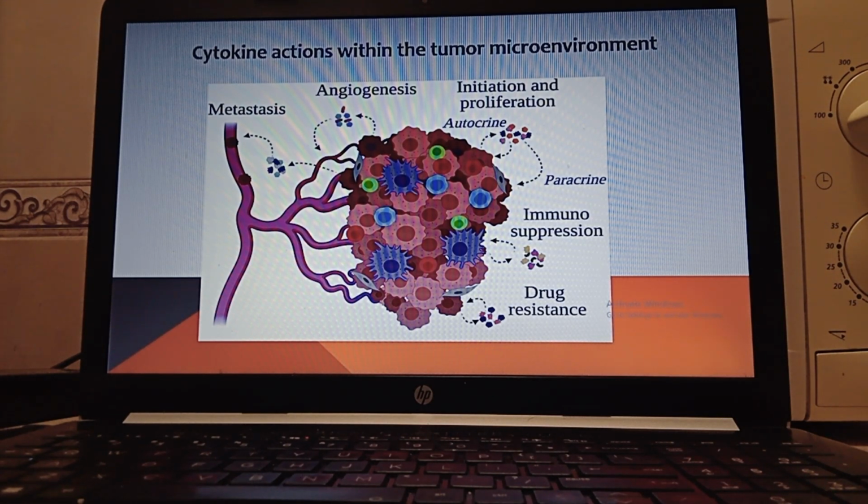Or they may go on to suppress tumorigenesis. So they can play these two roles: promote tumor progression or suppress tumor progression. So for this reason, these cytokines are very, very important. When they find their way into the blood, they can be used to diagnose a particular kind of tumor.